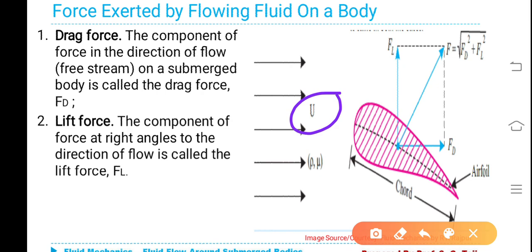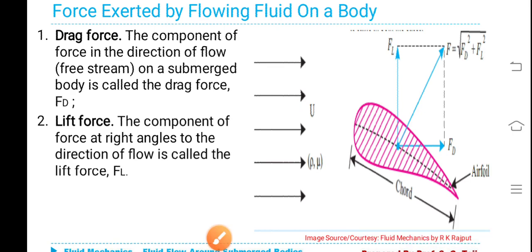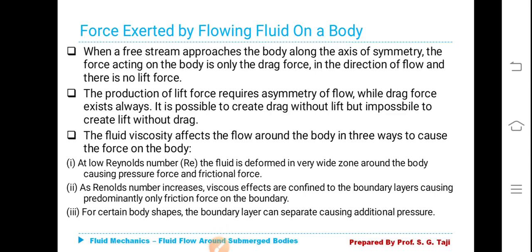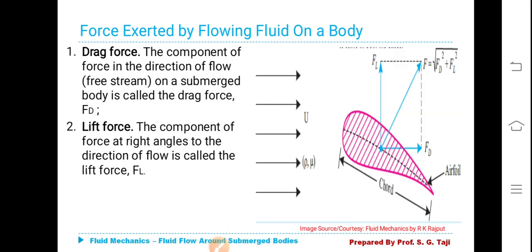Whenever this fluid is acting on the body, there will be a resultant force exerted on the body that can be resolved into two components. That depends upon the angle with respect to horizontal. We can resolve it into FD in the horizontal direction, that is in the flow direction, and FL perpendicular to the flow direction.